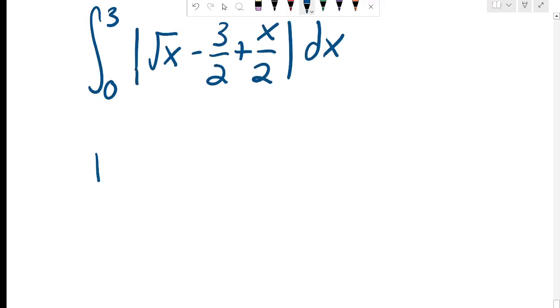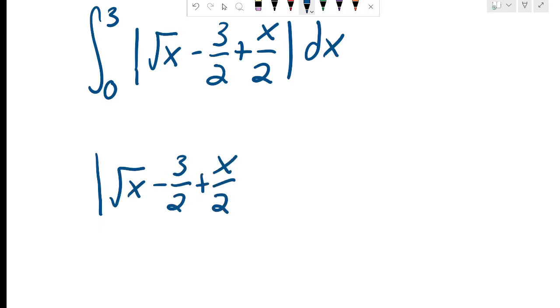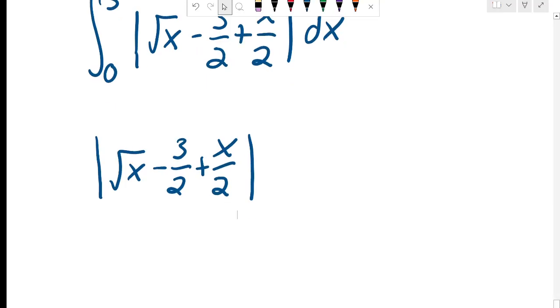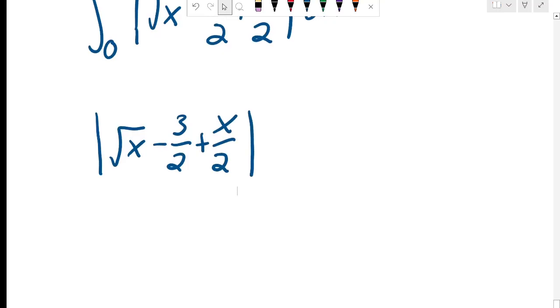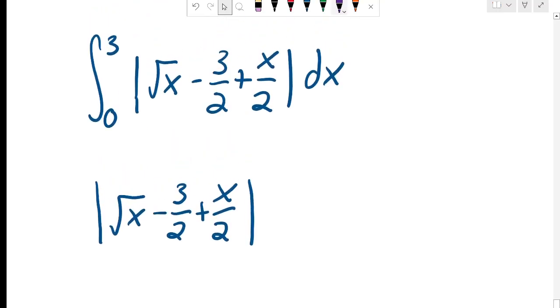We need to investigate just this part here. Namely, we're looking for what x value is making the inside of this positive and what x value is making the inside of it negative. Okay. And we can just solve that as we would, by setting this whole thing equal to 0.